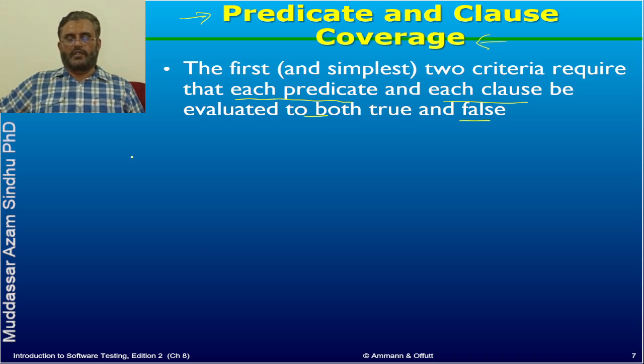The first criterion is to evaluate a predicate in both forms. Since the predicate can be true and it can be false, we will cover both these possibilities by means of our coverage criteria. The same can also be done for a clause, because a clause is also either true or false when evaluated. So we can make use of these two criteria to perform predicate coverage and clause coverage.